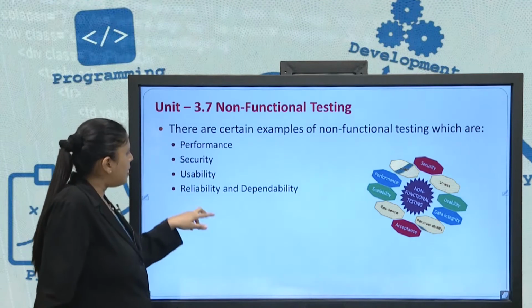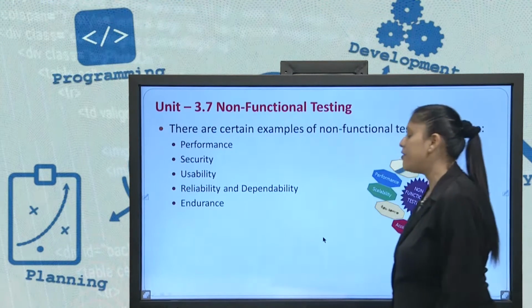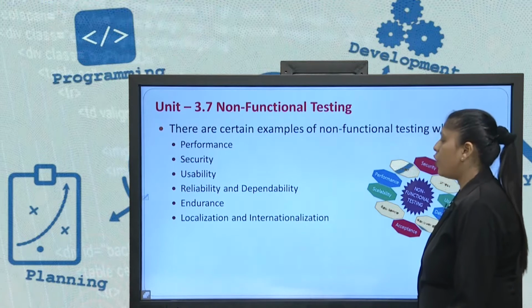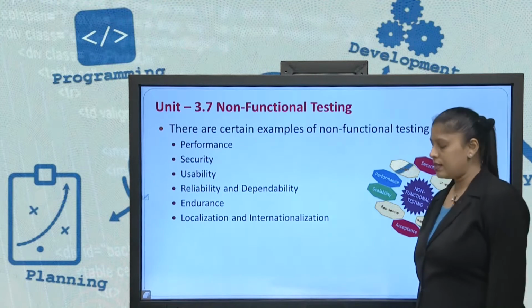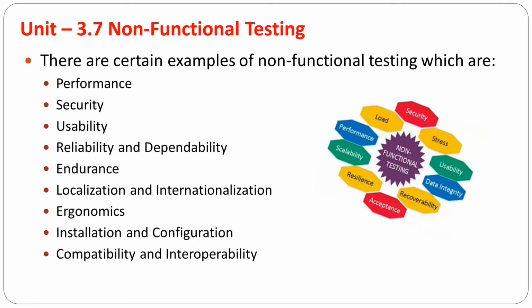Fourth is reliability and dependability. Then we have endurance. What is endurance? I will come back to that. We have localization and internationalization. Then we have ergonomics. We have installation and configuration of the product, compatibility and interoperability.